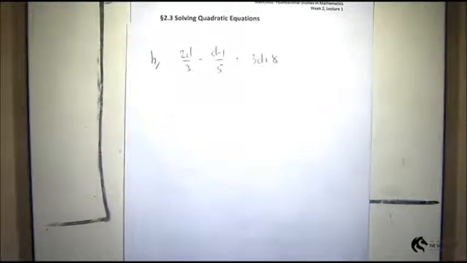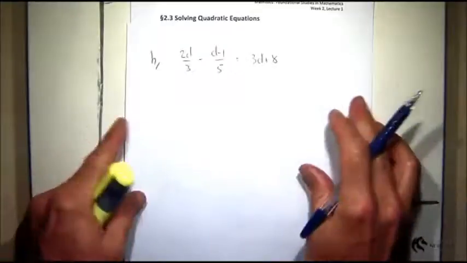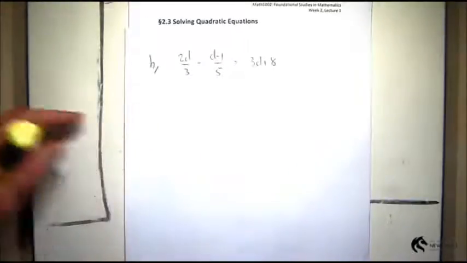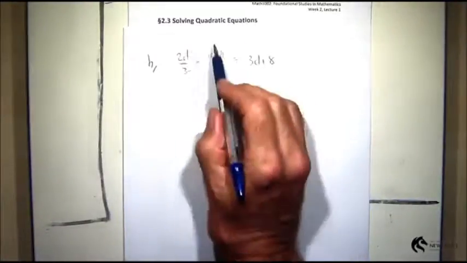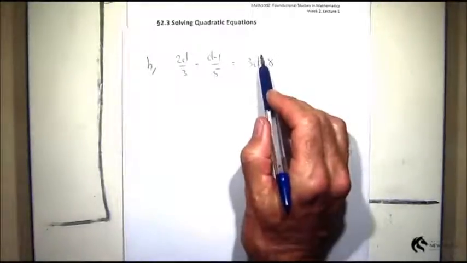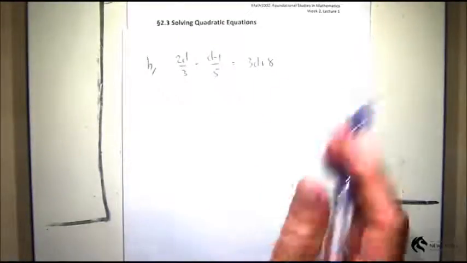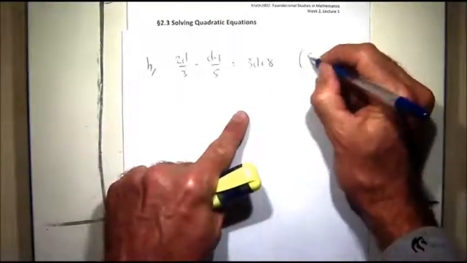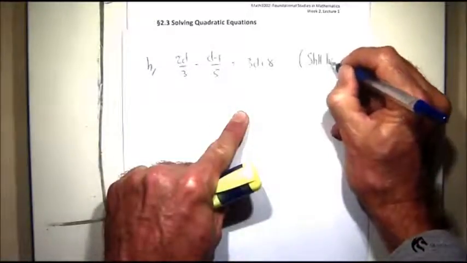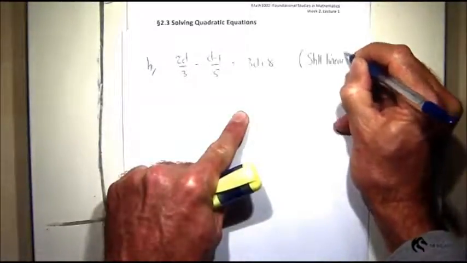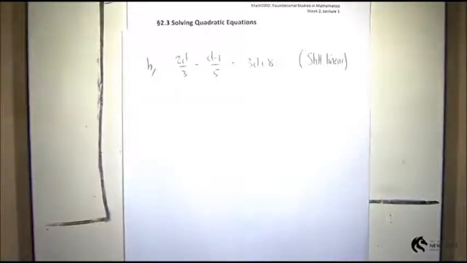So have a look. d is the variable here, and it's d to the power 1 everywhere, so that is still a linear equation, even though it doesn't look very simple.